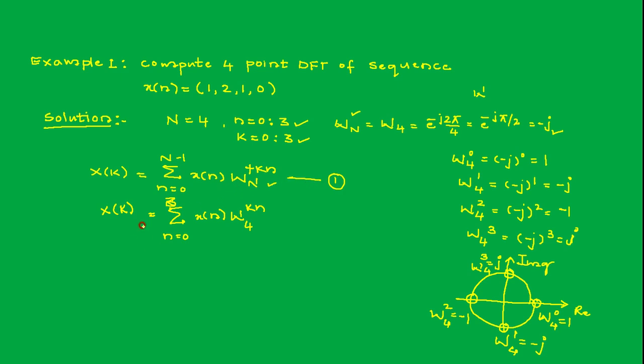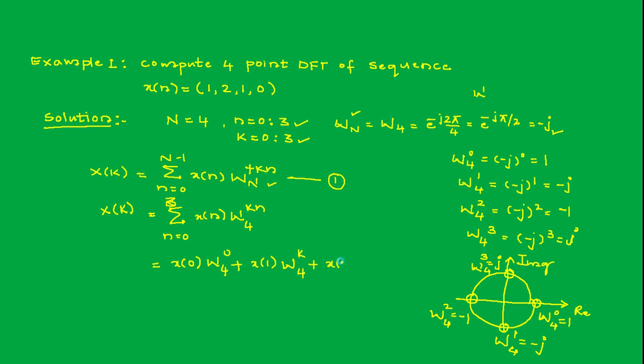Now we will substitute into the summation. The index n varies from 0 to 3. For n is equal to 0 it is x of 0 times W4 raised to 0 into k, which is 0, plus. Next I substitute n is equal to 1: x of 1 into W4 raised to 1 into k, which is k, plus.